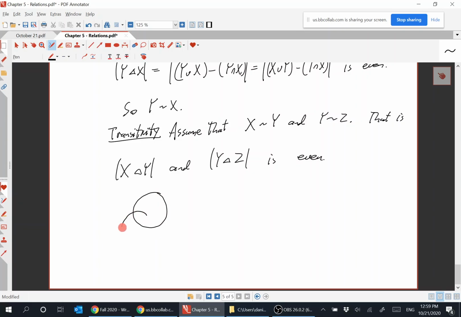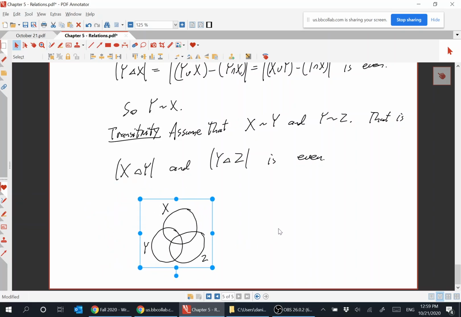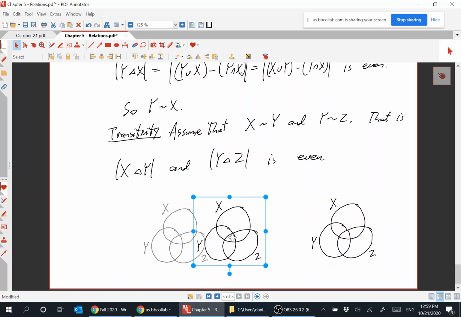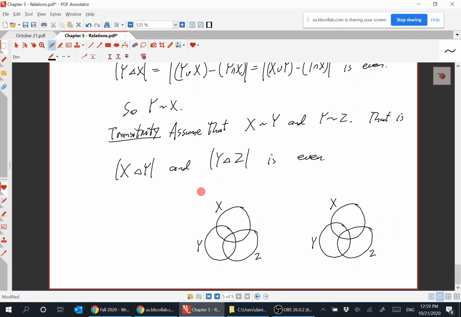All right, we have X, Y, and Z. So the sets X symmetric difference Y and Y symmetric difference Z consist of the following cells of the Venn diagrams shown.